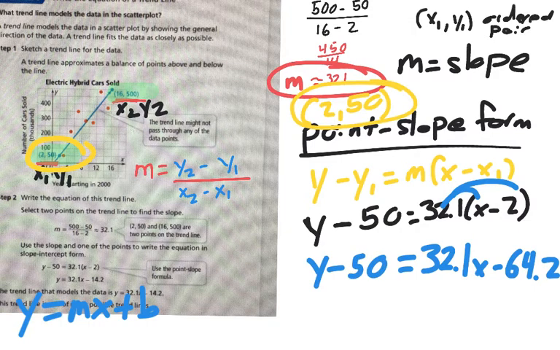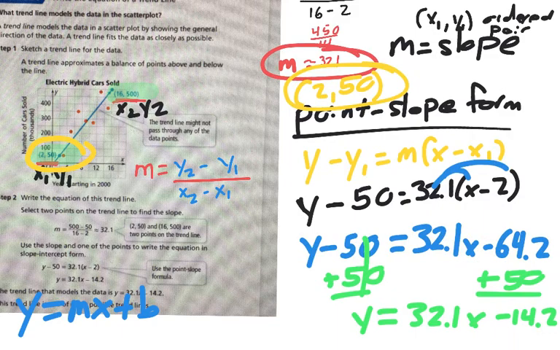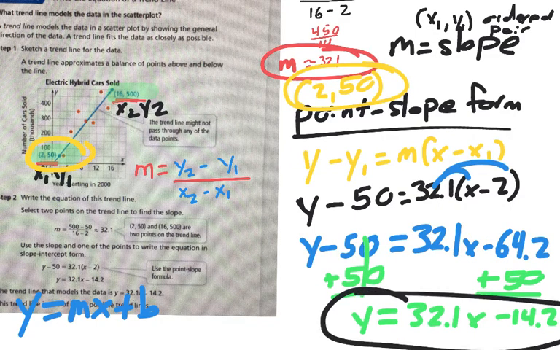And then we're going to get rid of this subtracting 50 by adding 50. So that tells me y equals 32.1x minus 14.2. That would be the equation for my line of best fit.